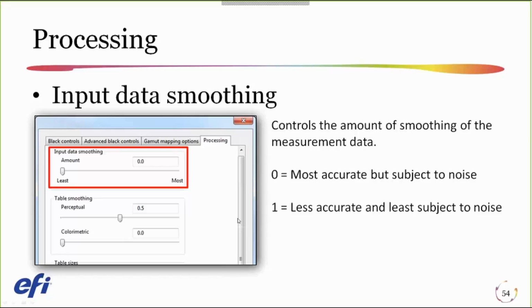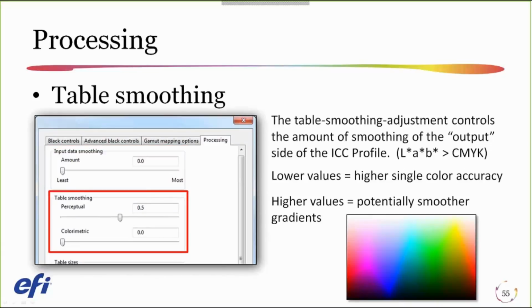It might give you smoother color outputs, especially in gradients, if you smooth the input data before you build the profile. Table smoothing will be used if you detect problems in gradients where they're just not smooth. You get maybe some banding, some weird artifacts. You may want to try the table smoothing.